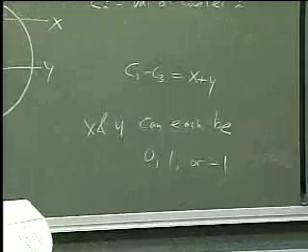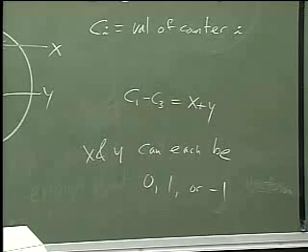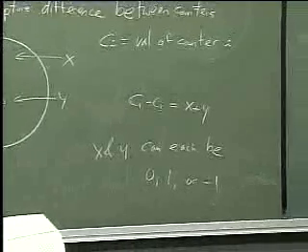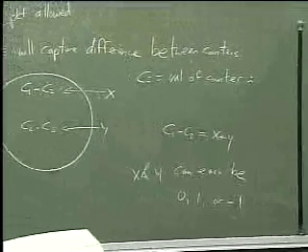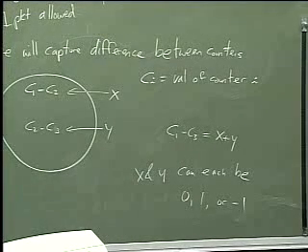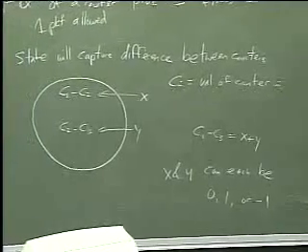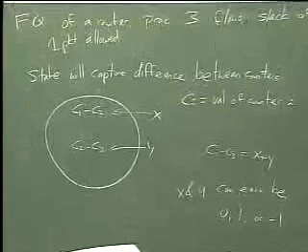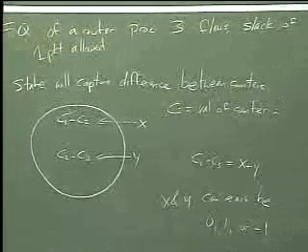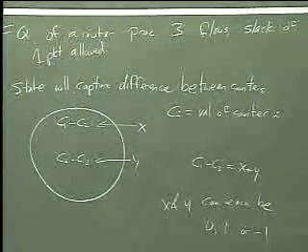So let's see. I could be in the state 0, 0. All counters are the same, right? If I next process a packet from flow 1, I will go to state 1, 0. If I next process a packet from flow 2, I will go to the state minus 1, 1.